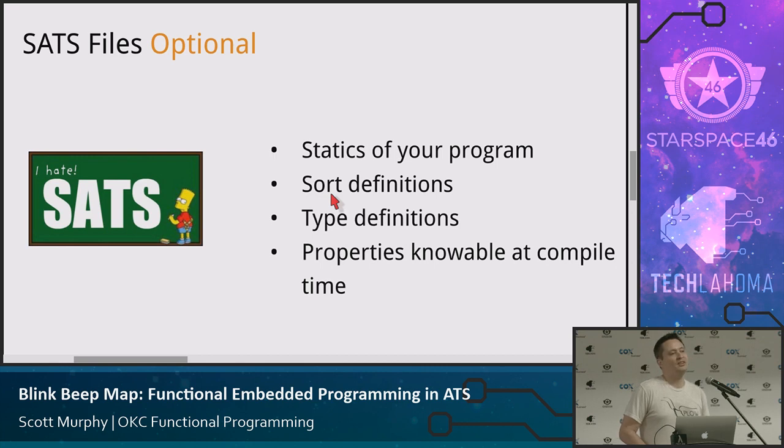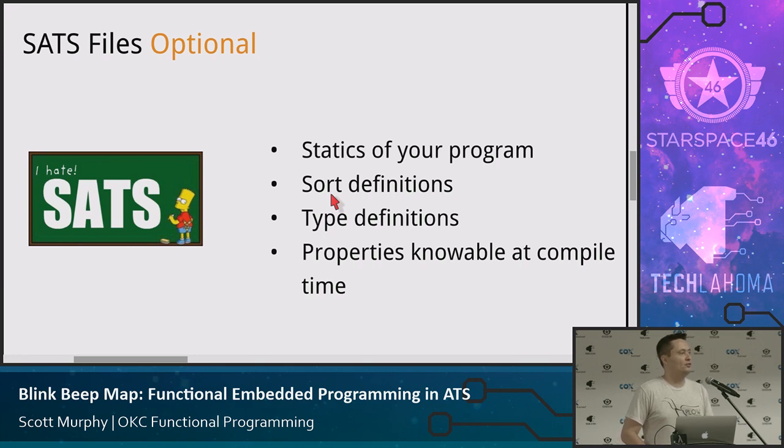SATS files. SATS are for static ATS, I think. But that's what I'm going to say this for, because that's where you put your static stuff. So it's stuff you know at compile time. So you type definitions, function implementation definitions, external functions. So you have to know where to find an external function at compile time, right? Yeah.